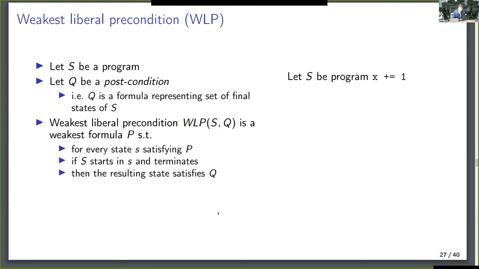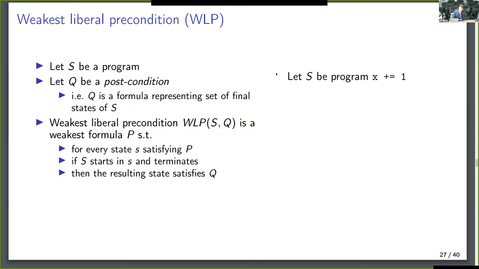If you have a program and you have some formula which expresses the so-called postcondition, I mean, a formula that represents a set of final states of the program, then the weakest liberal precondition of this formula with respect to a program is just the weakest possible formula P, such that every state satisfying P, if the program starts in these states and terminates, then the resulting states should satisfy Q. So this is a pretty standard thing, book stuff.